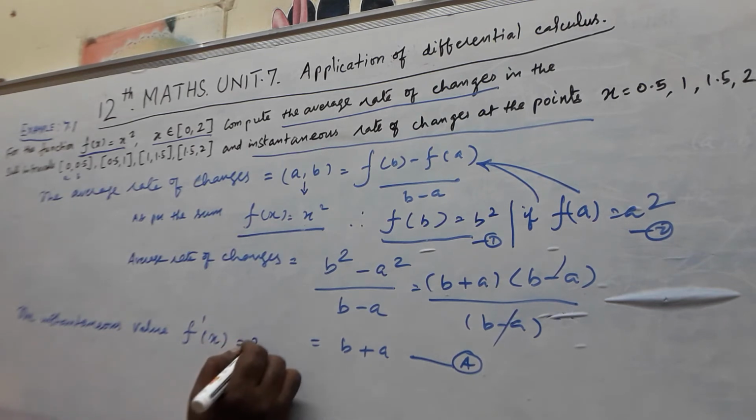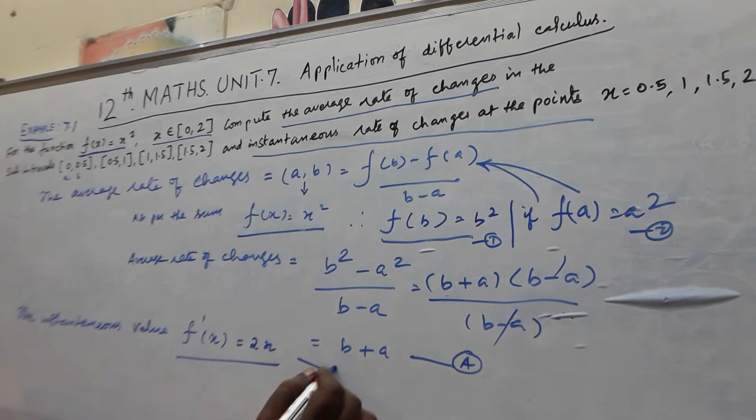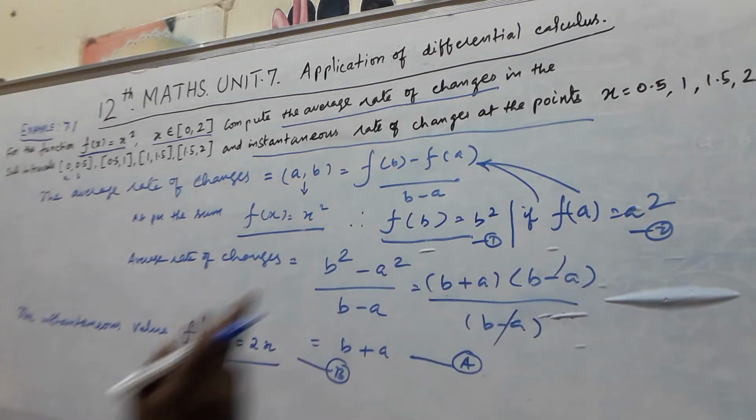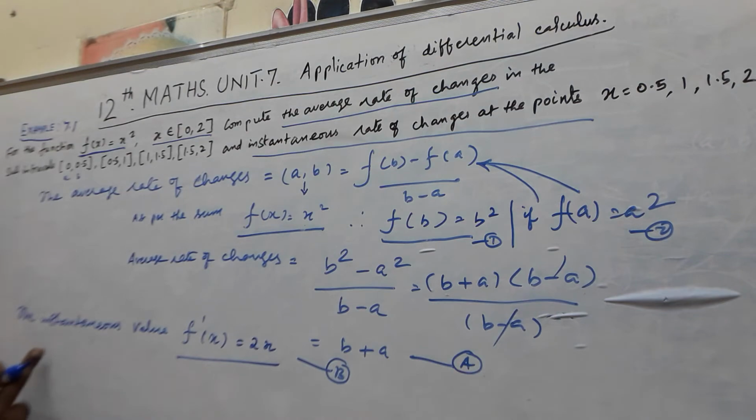n x power n minus 1. n minus 1 means 2 minus 1, that is equal to 1. That is called equation number B. If you are substituting the points available or given, 4 points, then you get instantaneous values. Are you clear?